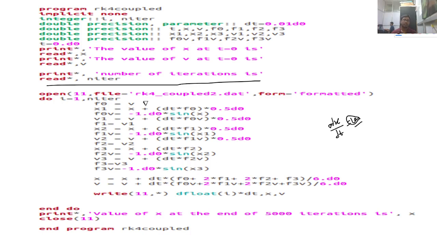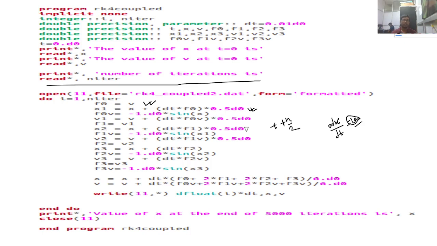So I am going to assign this, and I am using that f0 value to update my x1, as in the previous question. So you see, again I am calculating this x1 at a value of t plus h/2, or del t/2. Okay, so again, f0v is given to be minus sin x as per the question.